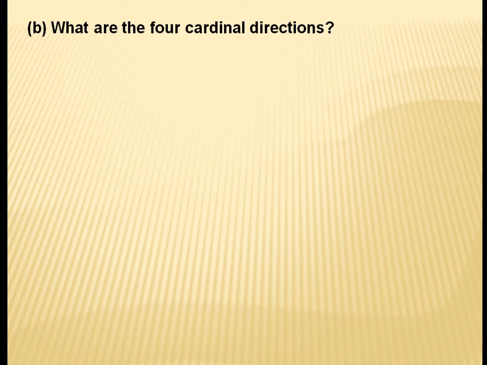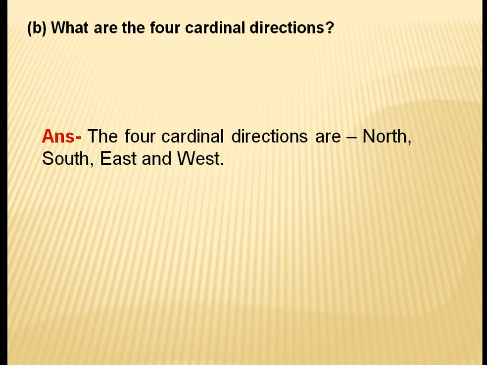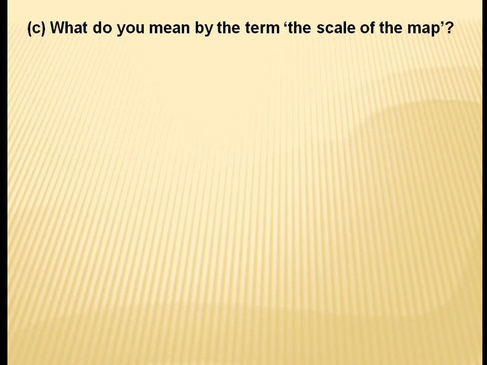What is the meaning of NEWS? Let's check out. Okay, NEWS means north, east, west and south. So I am calling it NEWS so you can easily understand the 4 cardinal directions. Next, what do you mean by the term large scale map?